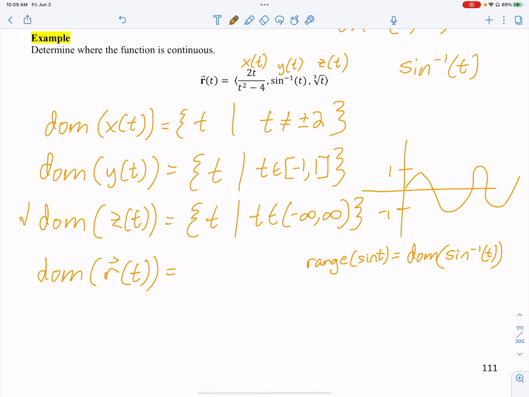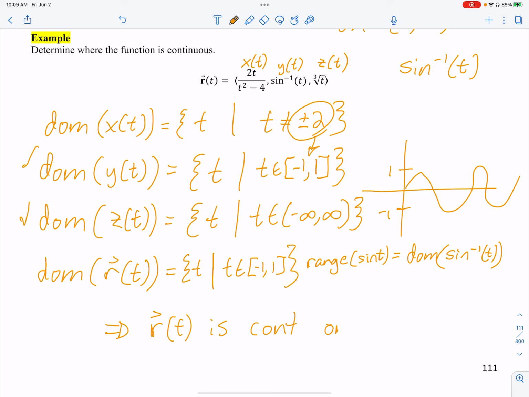So that takes care of this if I just use that one. And then cutting out +2 or -2, they're not in there. So the domain would be, let's write this formally, all t such that t is an element of -1 to 1. So there's my domain, which implies that r of t is continuous on -1 to 1.